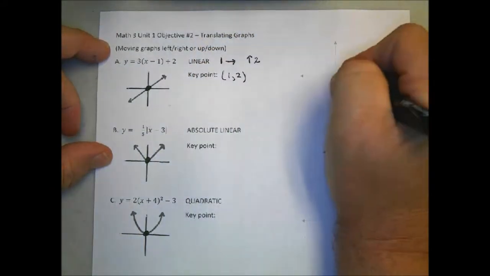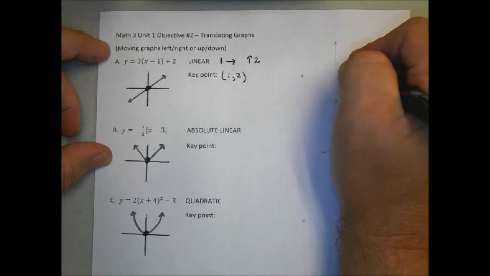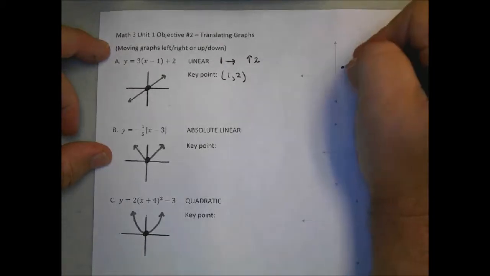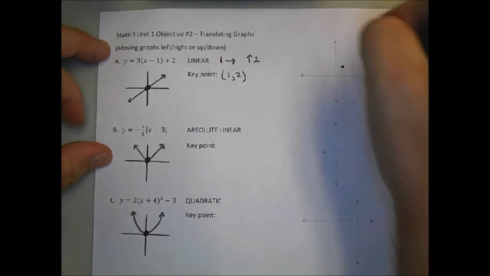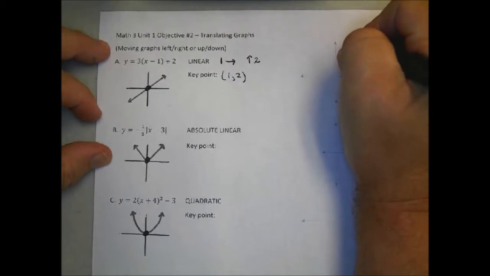So we're going to graph it, +1, up 2, and there it is right there. And now, what's the 3 doing? Well, it's the leading coefficient, so it's just the slope. So from that point, we're going to go up 3, 1, 2, 3, over 1.